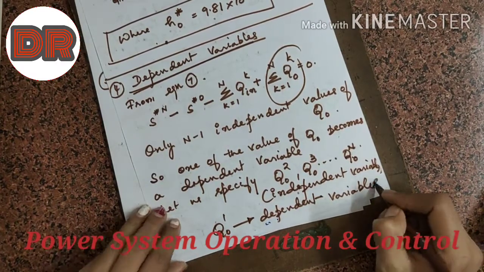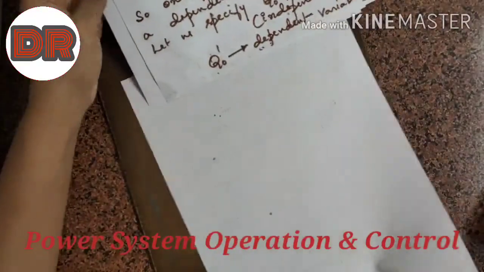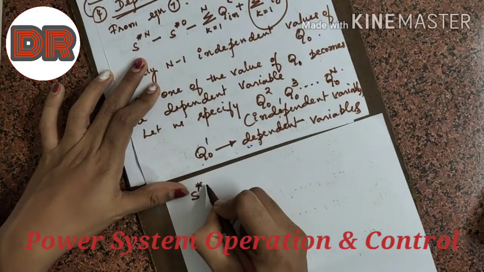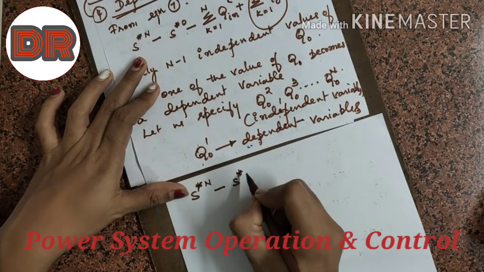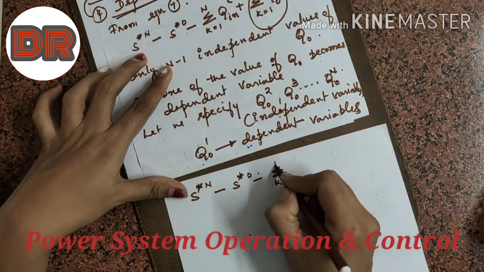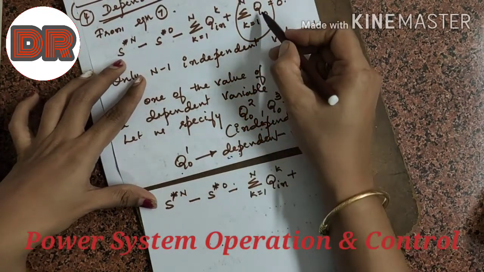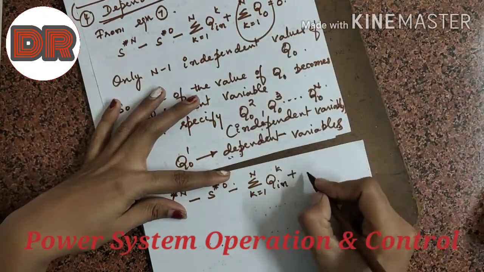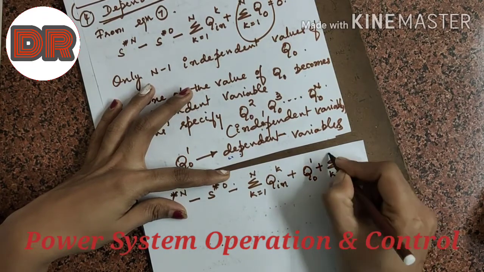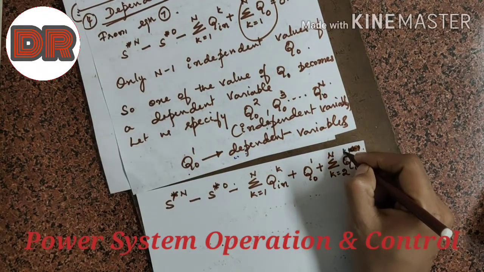So from this equation, let me simplify and write the equation for Q naught 1. If I split this, from this equation I have S star n minus S star 0 minus summation k equal to 1 to n Q in k, plus I'll take Q naught 1 outside. So what we have is Q naught 1 plus summation k equal to 2 to n Q naught k, the remaining k.